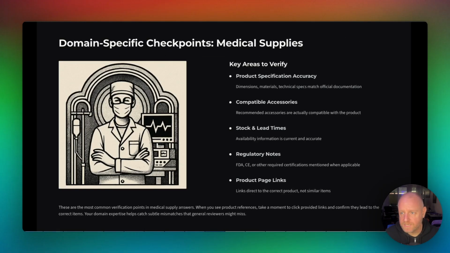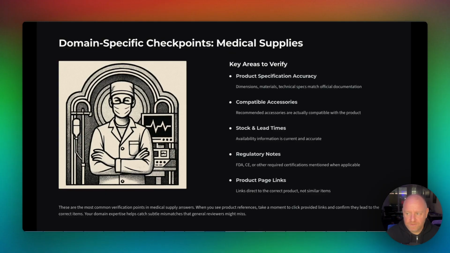For instance, let's say you were reviewing a queue for a process that analyzes products for medical supplies. Some of the key things that you might want to review: did it actually get the specifics of the product, like its dimensions, its materials, its technical specs, and did it match any official documentation?